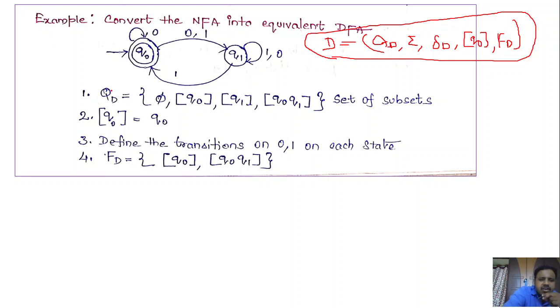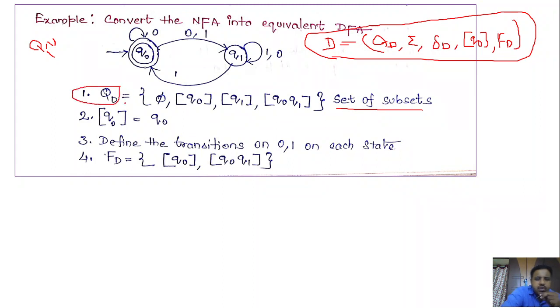I have written the basic tuples here. QD is equal to phi, [Q naught], [Q1], [Q naught, Q1]. These are the set of subsets. We are calling this algorithm the subset construction algorithm. From the NFA, by considering the set of states Qn, we can generate the set of subsets, and that set of subsets becomes the QD.